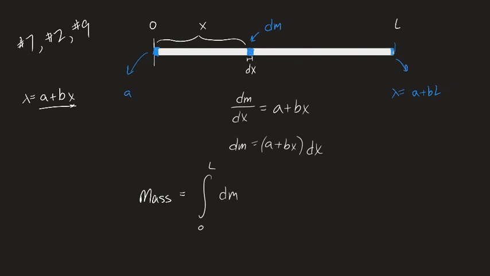I have an expression for the density, though, so I can drop that in. Now that works, and these limits now make sense, because they are relative to dx. They tell me where I'm going to be on the bar.